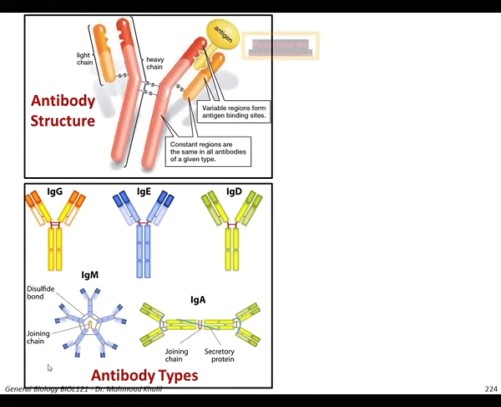But for IgM, you can see that it has a maximum capacity of binding around 10 different epitopes or antigens, because you have 10 different antigen binding sites. While IgA can bind 4 antigens. But of course, all of these antigens have to be the same.